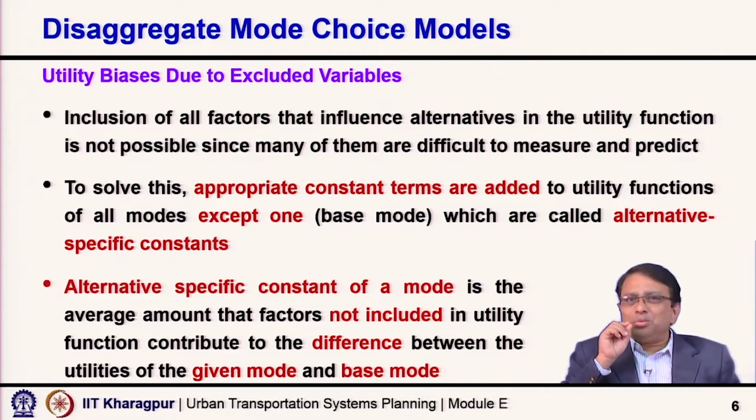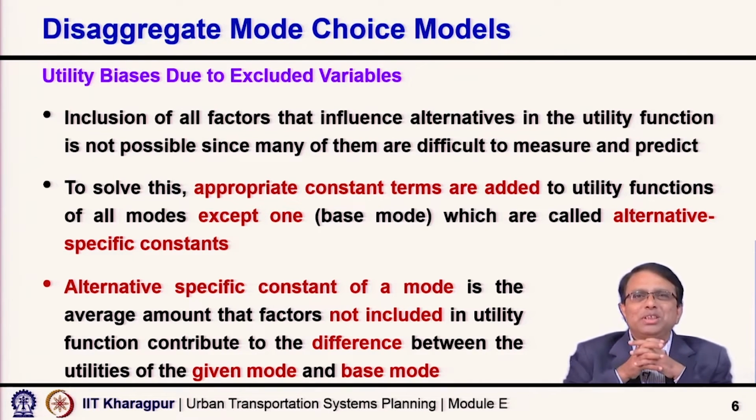We do not take variables to represent that, but somewhere all such effects are contributing to the utility. Maybe the utility will be slightly higher or lesser because of all these components. So they are considered here as alternate specific constant.